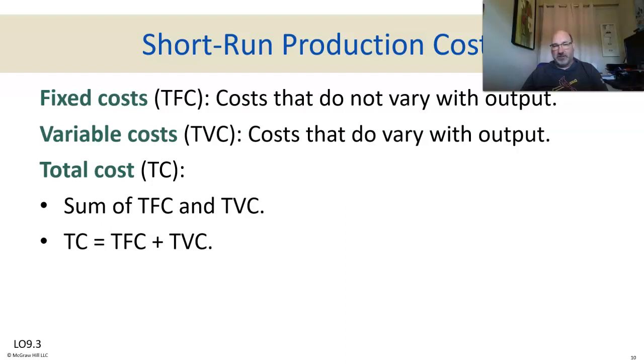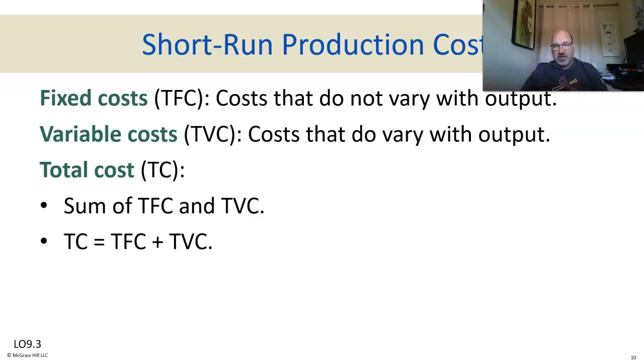So there's not many fixed costs. Variable costs, that's going to be your wage bill, your utilities, your resource costs, how much it costs for you to get your resources in there. All of those things are going to be variable costs.